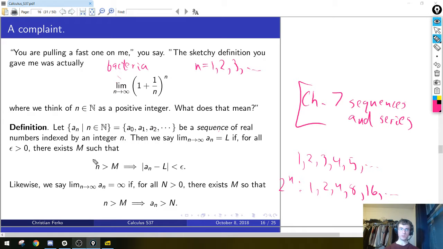If the index is larger than m, the number in the sequence is within distance epsilon of L. So that defines a finite limit.